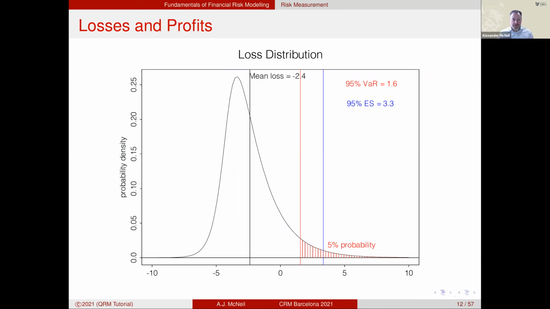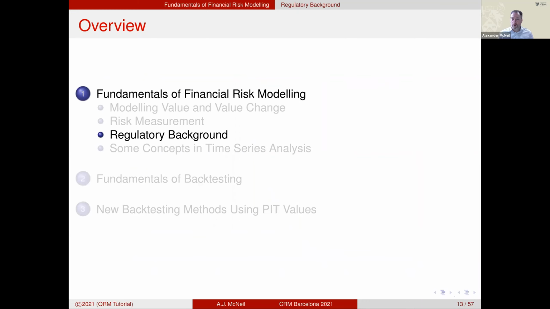And I'm going to move on into a little bit about the regulatory background now. This I will go through at quite a brisk tempo, I think, because there's an awful lot that could be said about regulation, to the extent that we could get stuck here for half an hour talking about regulation and then not do any financial engineering.